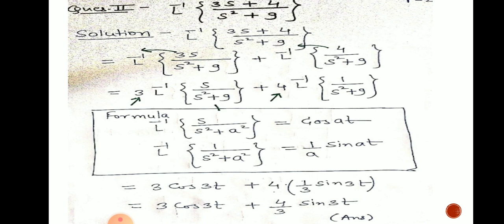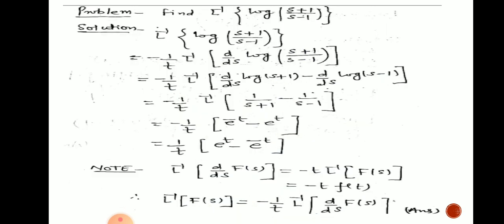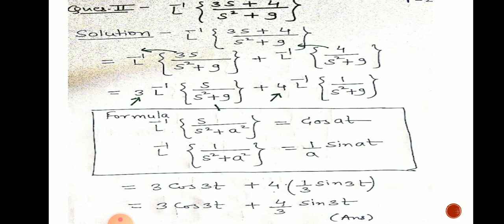Now look at the next example based on Laplace inverse. Find Laplace inverse of log (s plus 1) upon (s minus 1). So first, the given problem is Laplace inverse of log (s plus 1) upon (s minus 1).